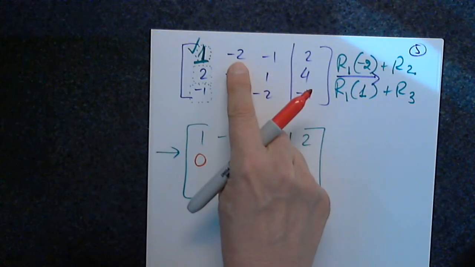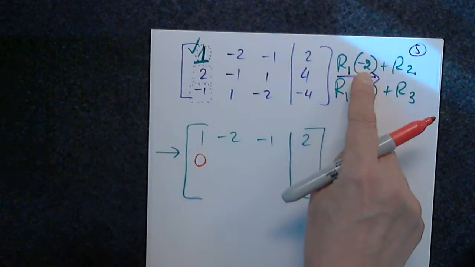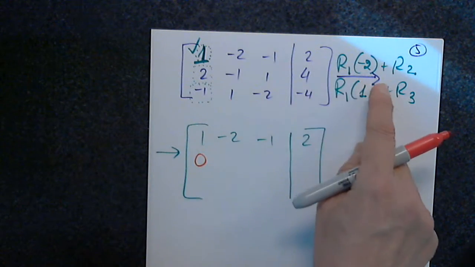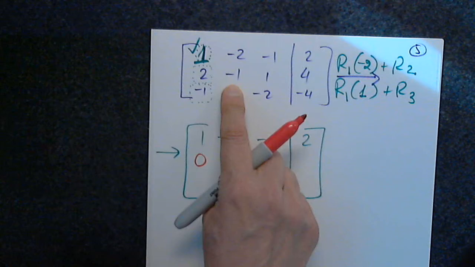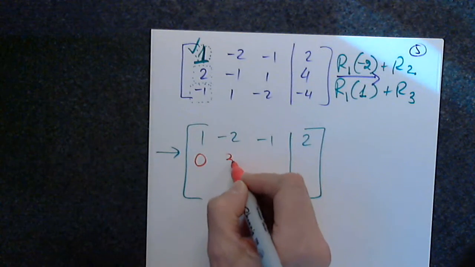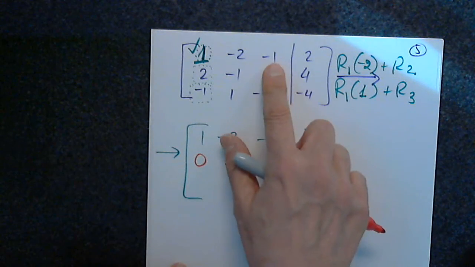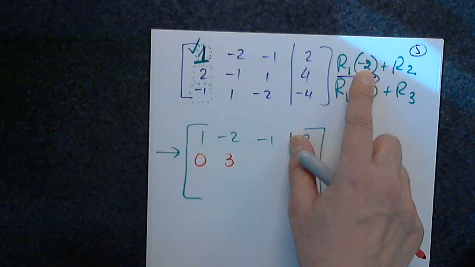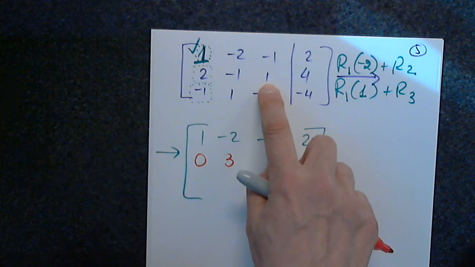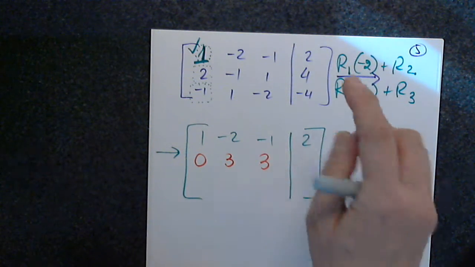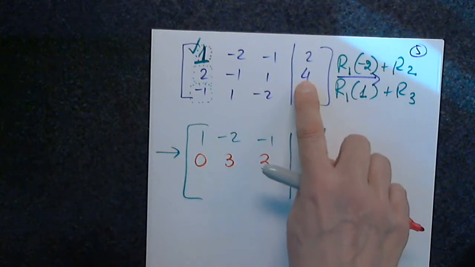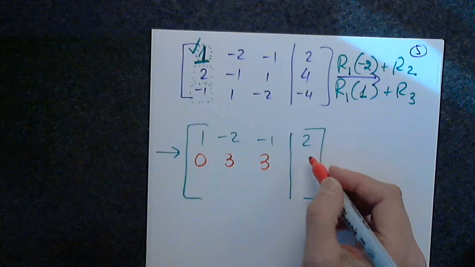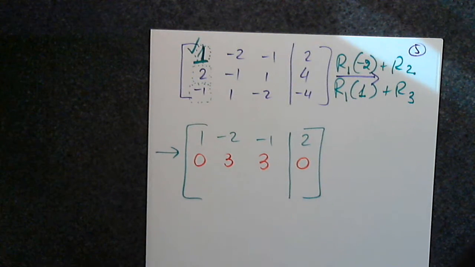Excellent. -2 times -2, I have to multiply everything, so it's positive 4. Positive 4 minus 1 is positive 3. Excellent. -1 times -2 is 2, plus 1 is 3. Excellent. 2 times -2 is -4, plus 4 is 0. Excellent. Well done.